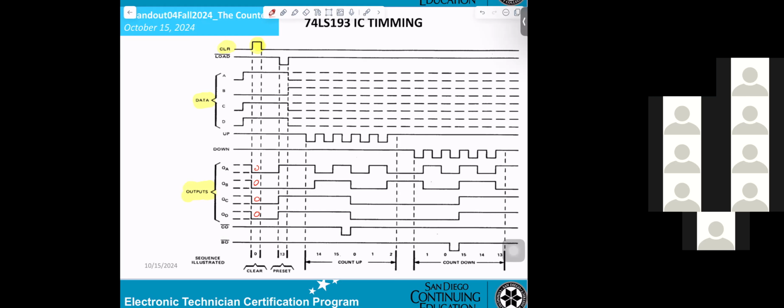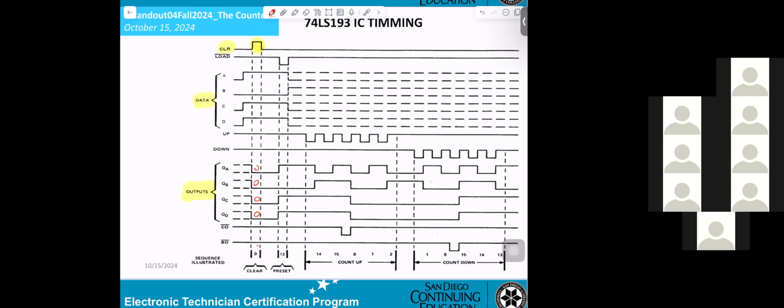That means when clear equals 1, the output must be 0.